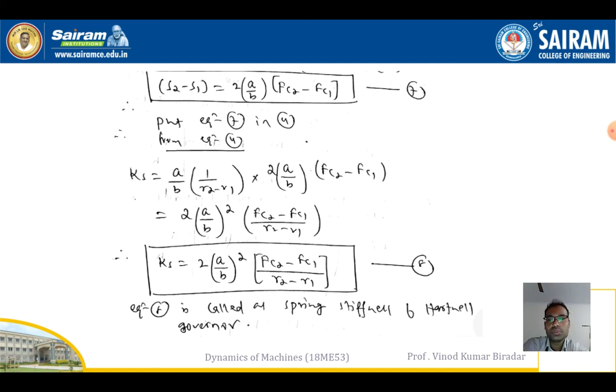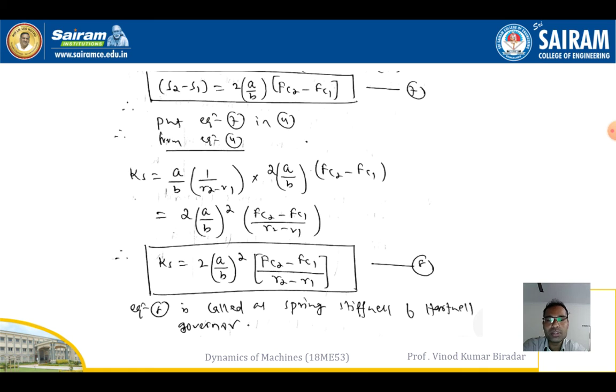We get ks is equal to a by b times 1 by (r2 minus r1) into 2a by b (fc2 minus fc1). So we get ks equal to 2a by b whole square, (fc2 minus fc1) divided by (r2 minus r1). This is called the spring stiffness of a Hartnell governor.